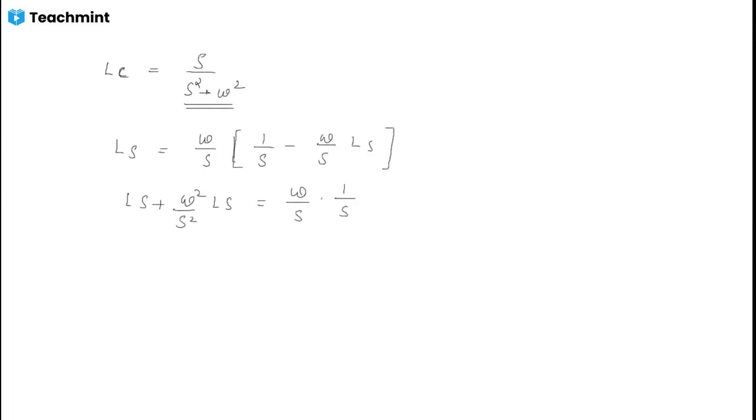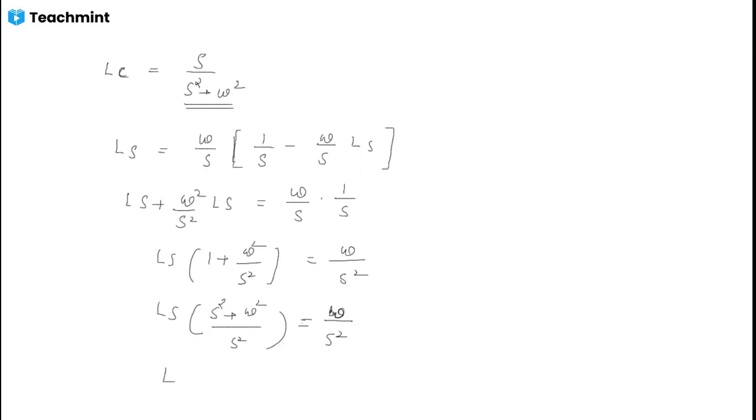Okay, any doubt? So LS is common. LS into 1 plus omega square by S square equals omega by S square. Take the LCM, LS into S square plus omega square by S square, then omega by S square. S square cancels. We get LS equal to, what is LS?